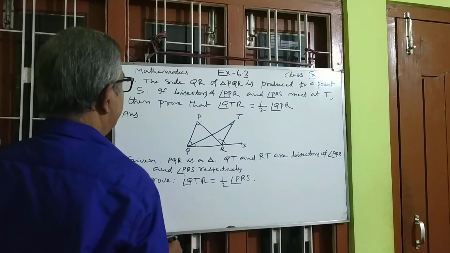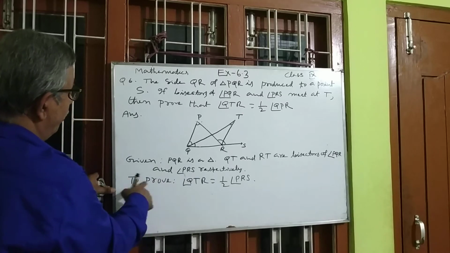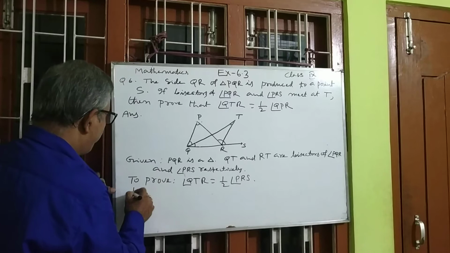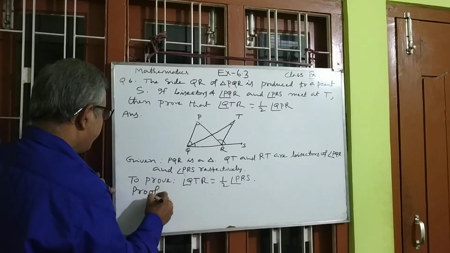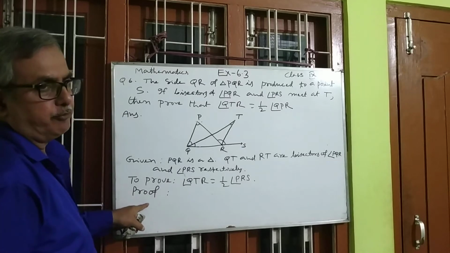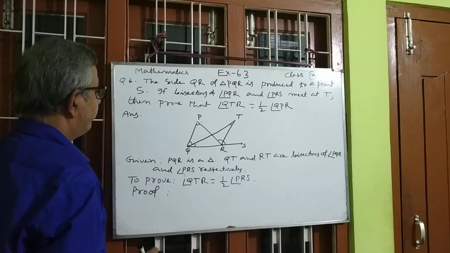My dear students, now we are going to put it. You see the spelling. To prove, PROVE we are writing, and here we are writing PROOF. This is a verb, this is a noun.